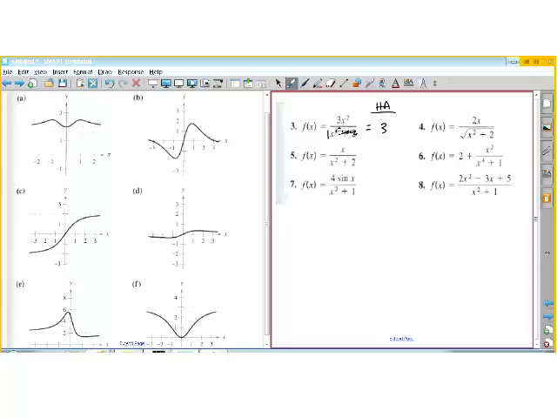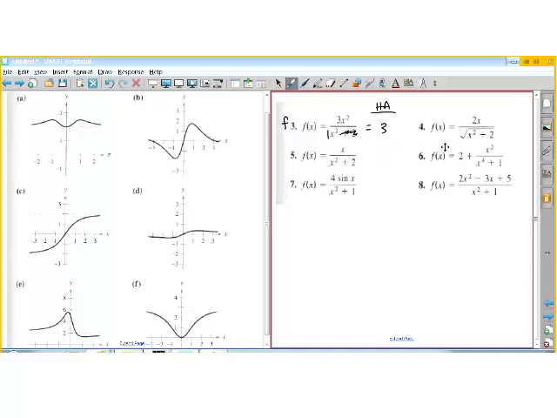It's because you get 0 here, so the value of the function at x equals 0 is 0. So this one's 3, this one's 0. As a consequence, the answer to problem 3 is curve F, because it has a limit of 3 as x goes to positive and negative infinity, and the value of the function is 0.